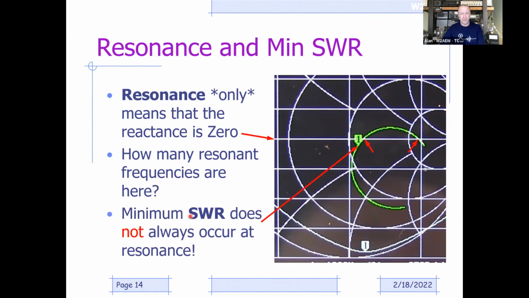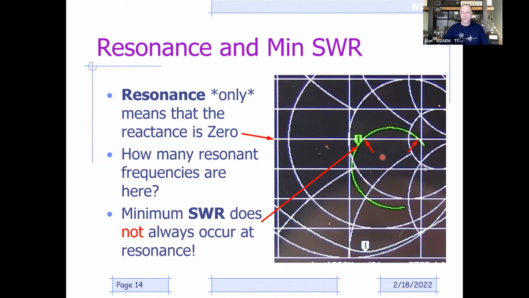So the minimum SWR does not always occur, and oftentimes does not occur, at the resonant point. We're so accustomed to saying, let me tune my antenna so it's resonant, and what we're really doing is tuning for minimum SWR, not necessarily for resonance. Resonance doesn't mean minimum SWR, and they don't always coincide.